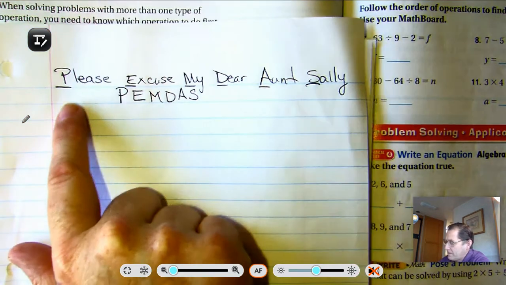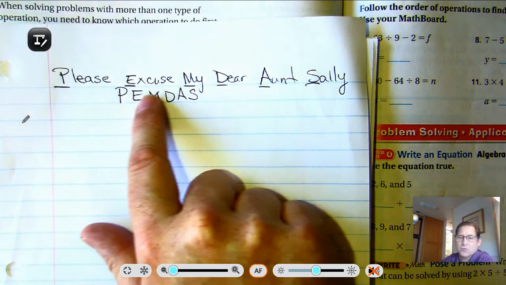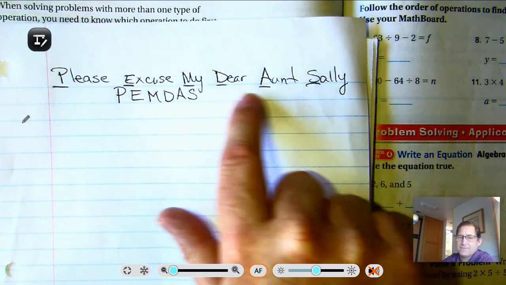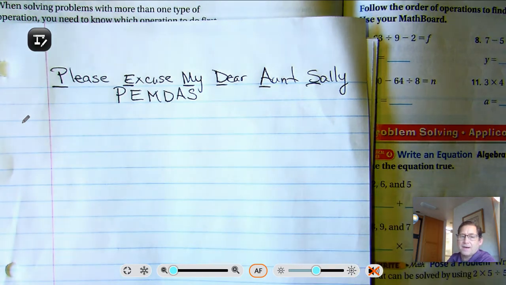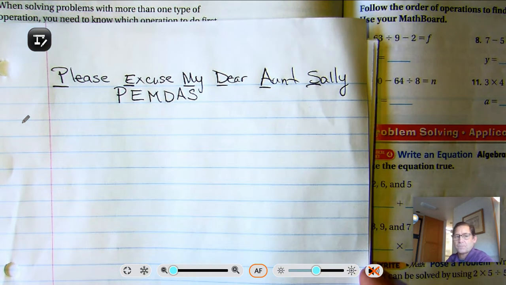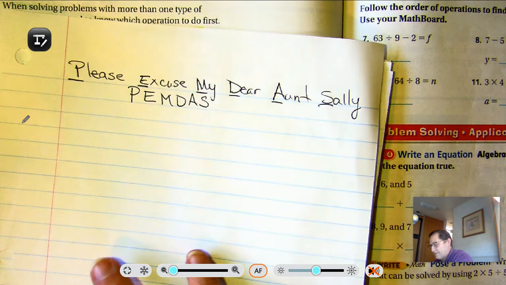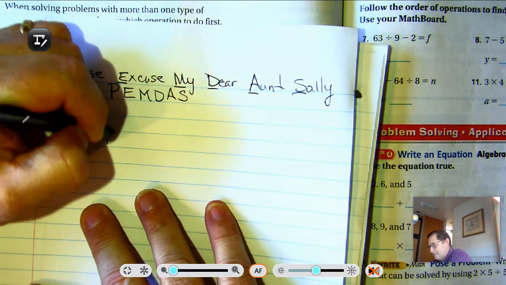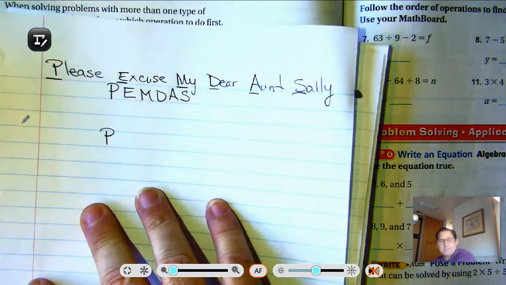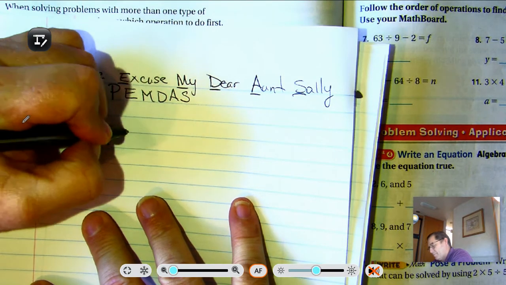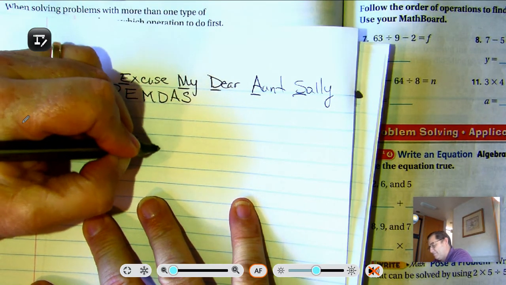Now, I don't actually like to have my students go left to right with this idea. I prefer to see it written like this: P, parentheses first.